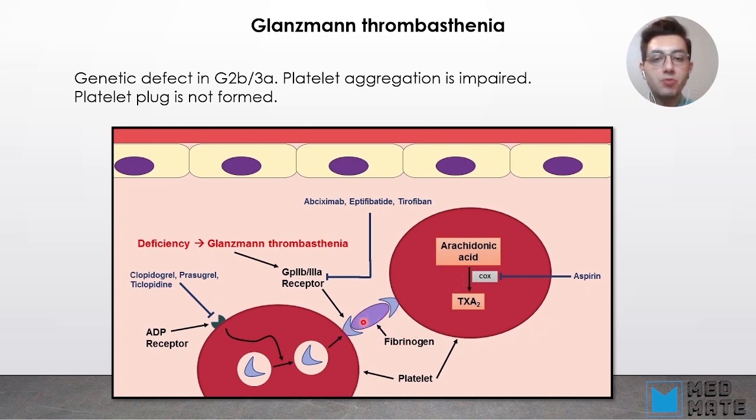If we cannot form this linkage between fibrinogen and platelet, we cannot aggregate platelets together, and we cannot form the platelet plug. So when there is deficiency of GP2B3A, this platelet plug formation cannot occur, and we have Glanzmann thrombasthenia.